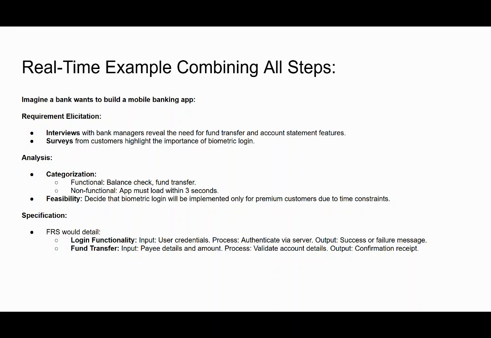What makes a good requirement will be covered in the coming videos. On feasibility, they decide the biometric login will be implemented only for premier customers due to time constraints.